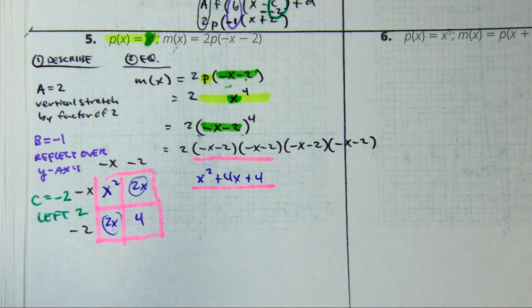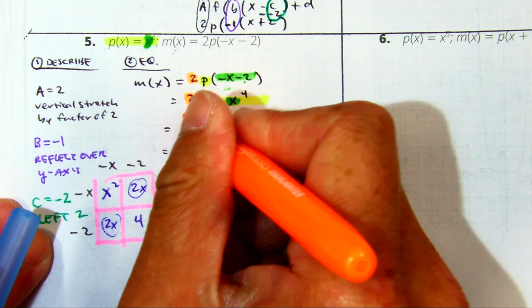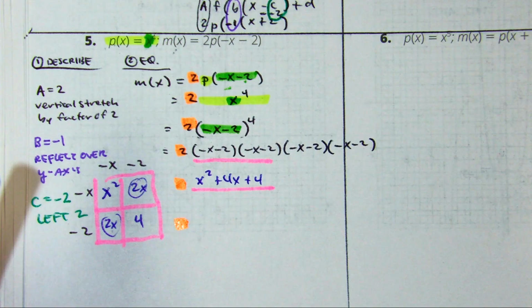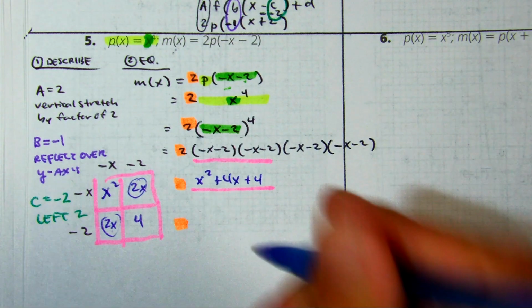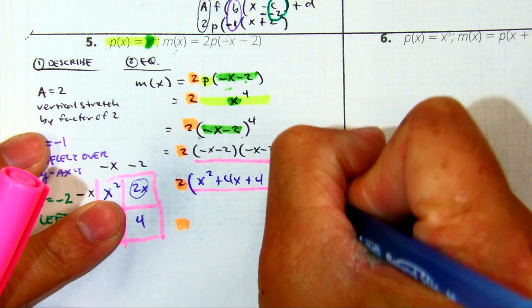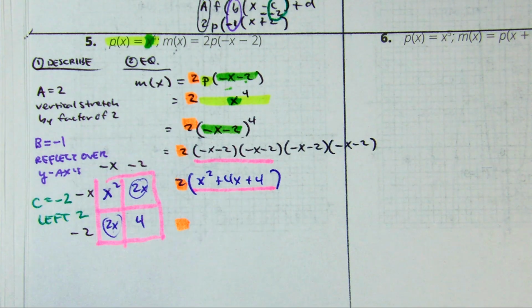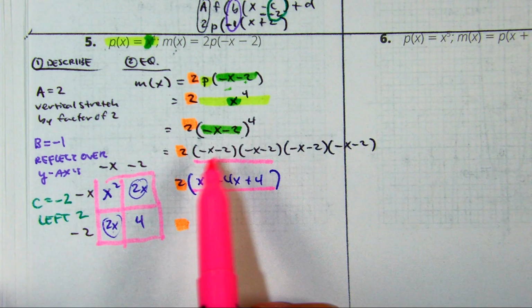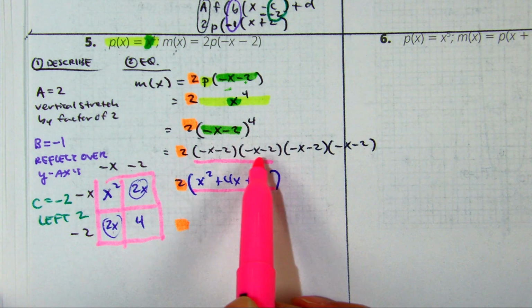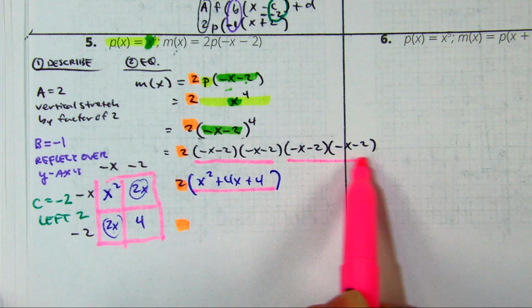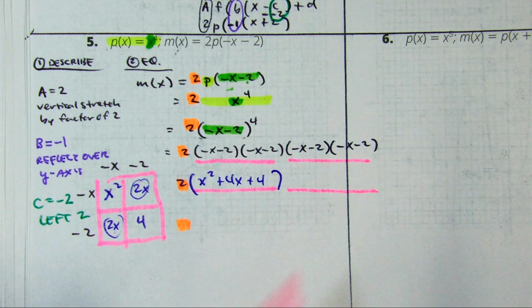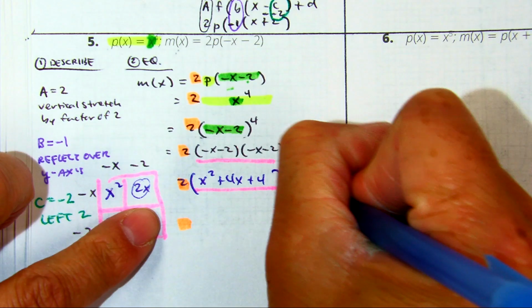Now this one is notoriously left off, so I'm going to put in an orange. You always have this 2 here. And let's save ourselves some time. We just multiplied negative x minus 2 times negative x minus 2, and I have that over here as well. What was the answer when you multiplied it? X squared plus 4x plus 4.